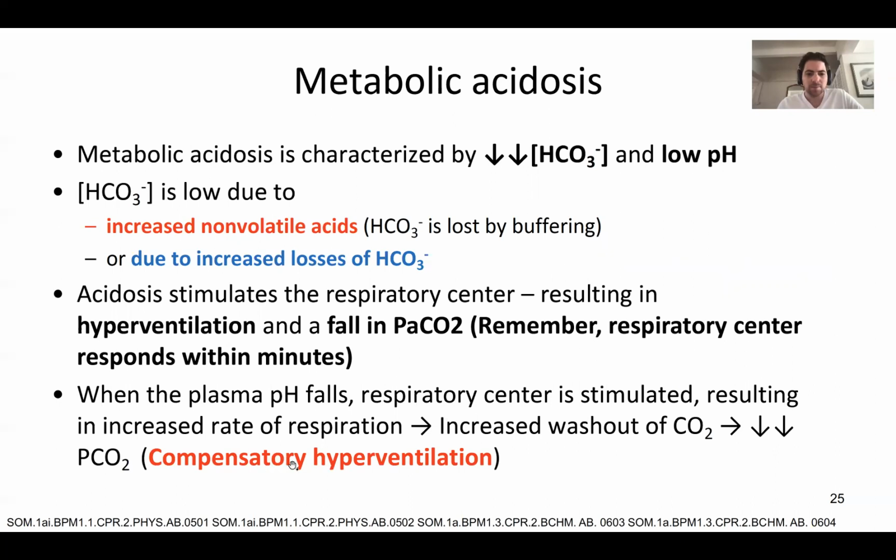So how do you compensate for metabolic acidosis? By breathing differently. If we're in an acid state metabolically, we want to get rid of our acid through the respiratory system. So how do we get rid of acid? We want to hyperventilate. Okay, that's our compensatory mechanism.